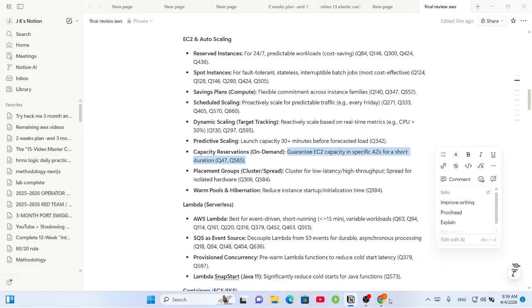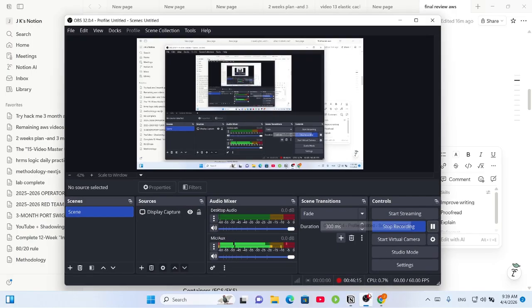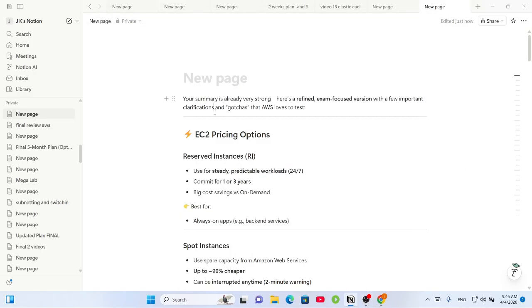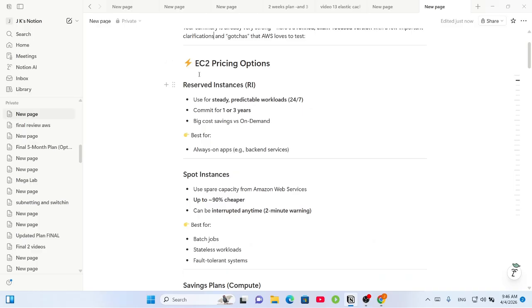Yeah. So let's go ahead and talk about EC2 pricing options. These are pricing options of EC2. So we have something called reserved instances. This is what you use in production, like if you have a steady, predictable workload, like 24/7.